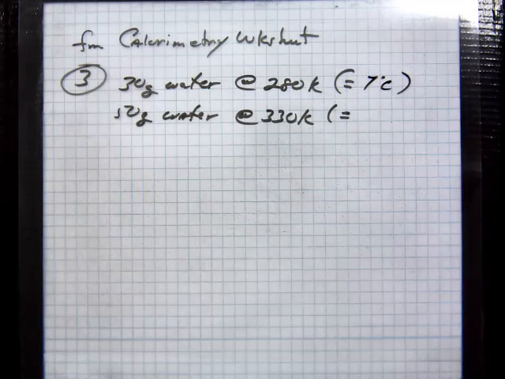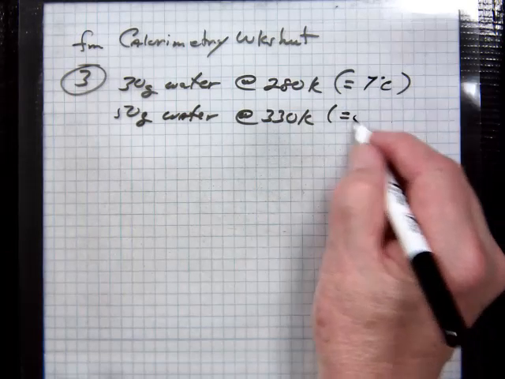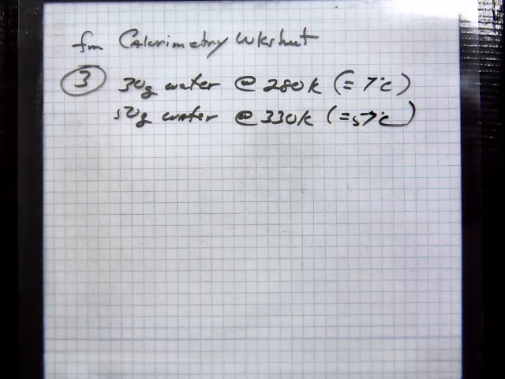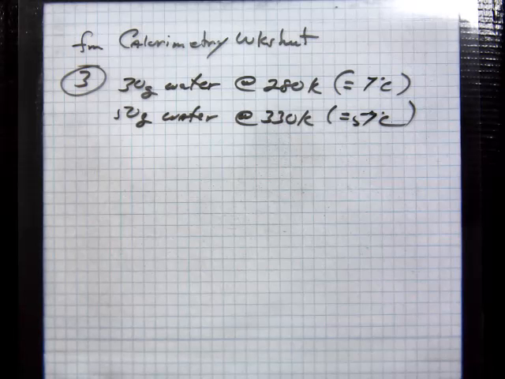And 330 minus 273, 57 degrees C. So you're going to pour these two together and come out with a final temperature, T final. Is this a temperature change problem or not? It's all a temperature change problem.